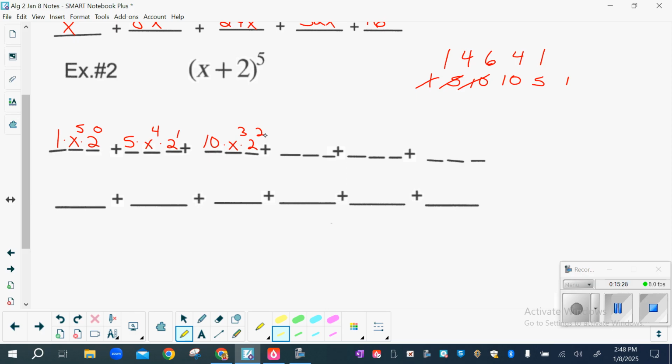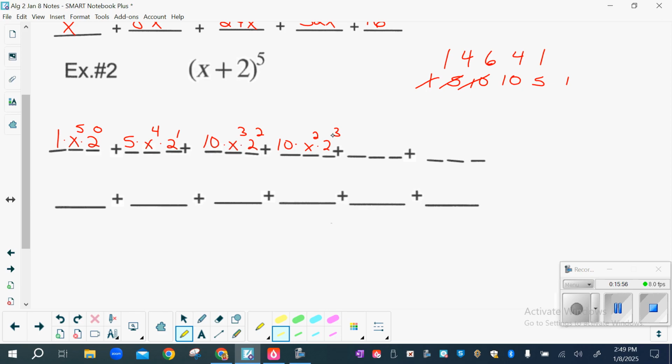Tell me what numbers I put here, coefficient, etc. Good. Good. So then times 2 to the 3rd. There you go.